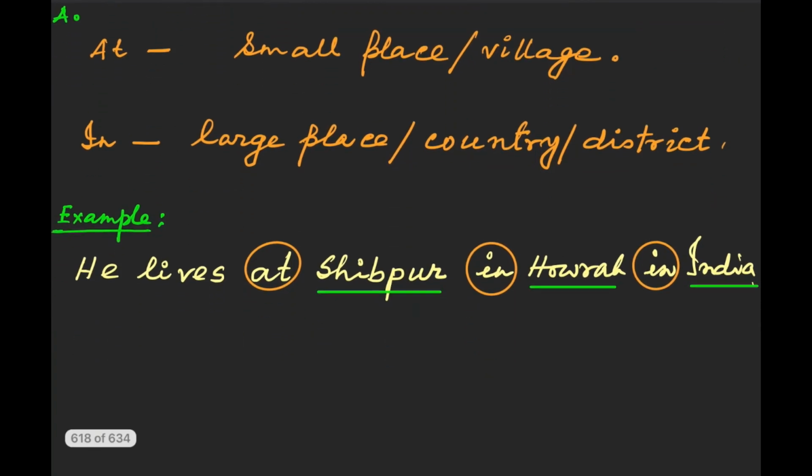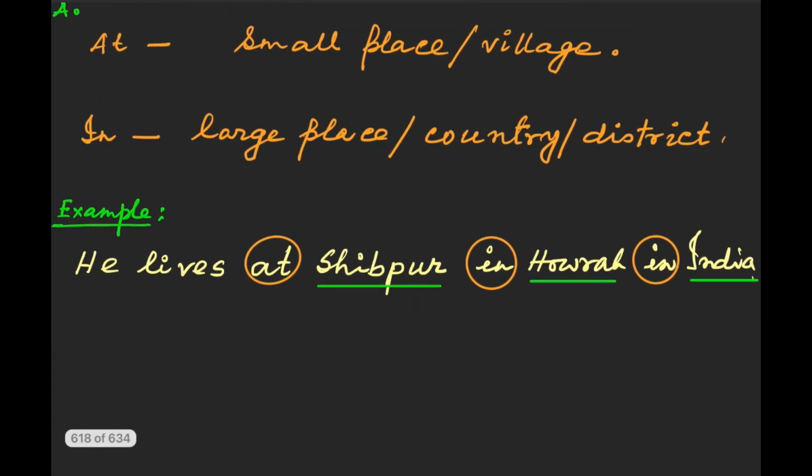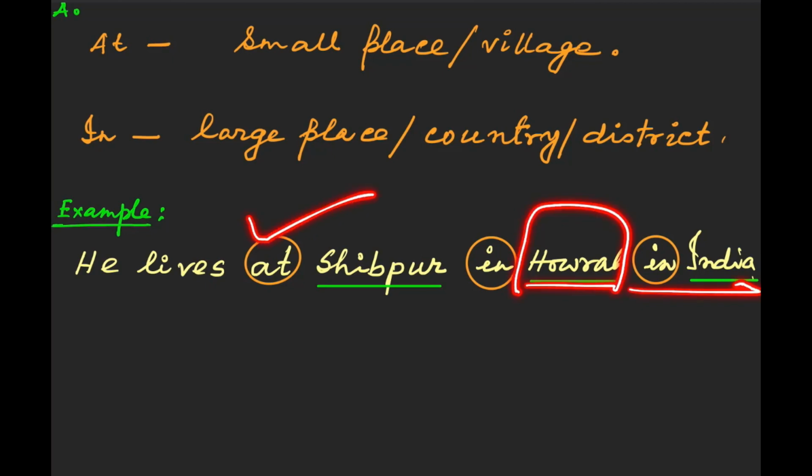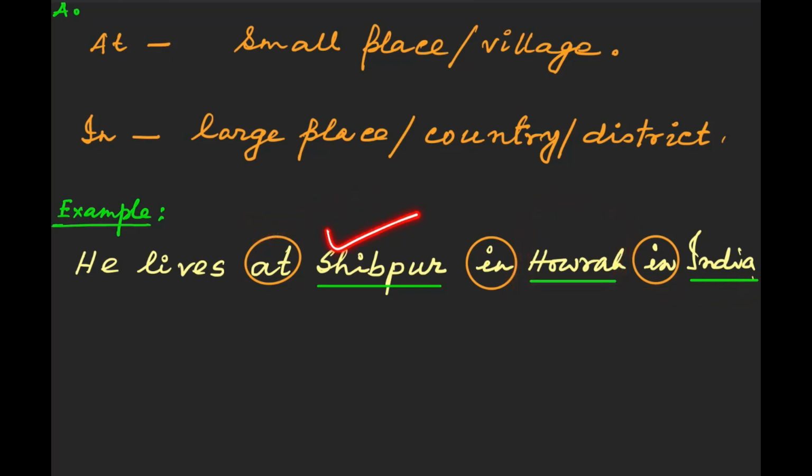Now see the example, then your idea will be clear. He lives at Shibpur, a small place in Howrah, name of the district in India. So at is used before a small place and in is used before a district or large place, and in is used before a country that is a larger place.